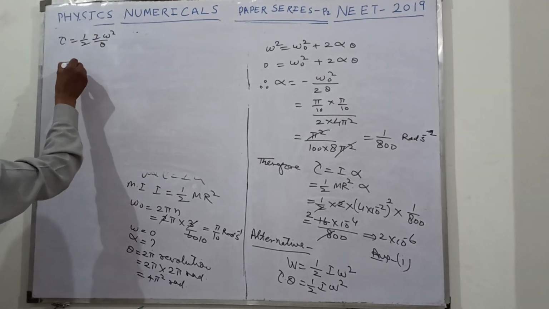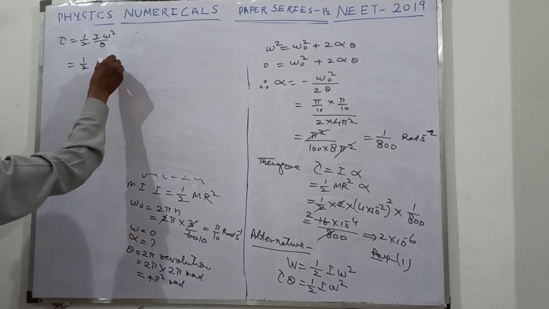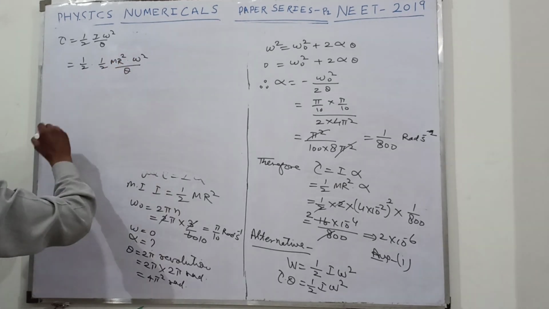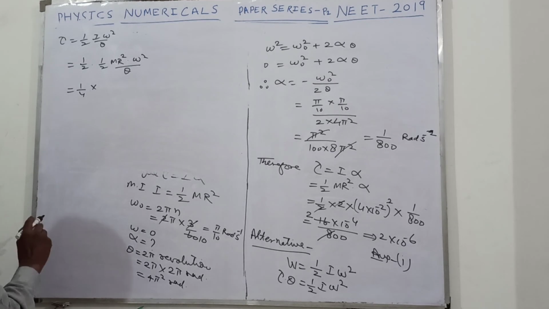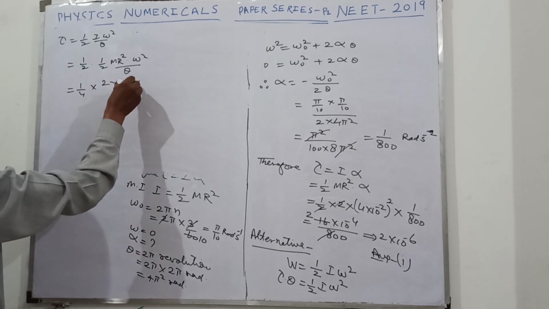Now everything is given. Half I, 1 by 2 mr square into omega square upon theta. So this is now your 1 by 4 m. Mass is given to you 2 kg. R is 4 centimeter.